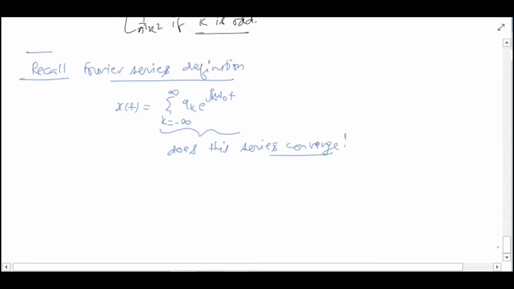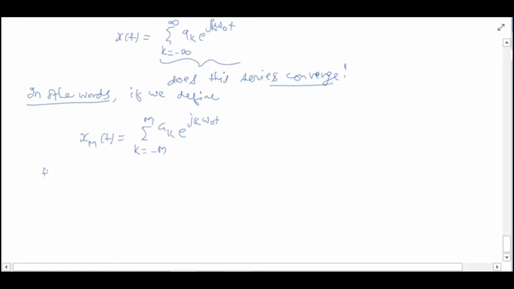In particular, if we define x_M(t) to be a finite sum where I only take terms between minus M and M, so a_k e raised to j k omega naught t, then as I take M to infinity, does x_M(t) approach x(t)?